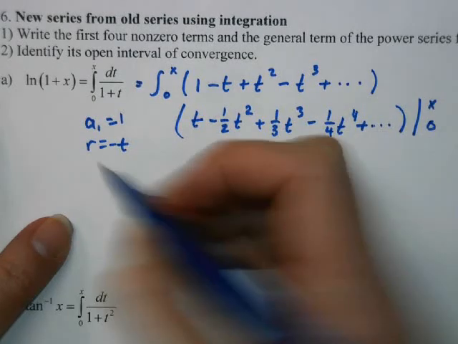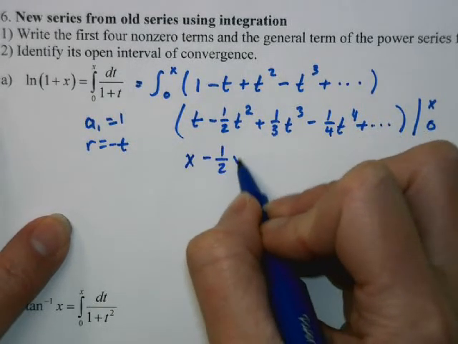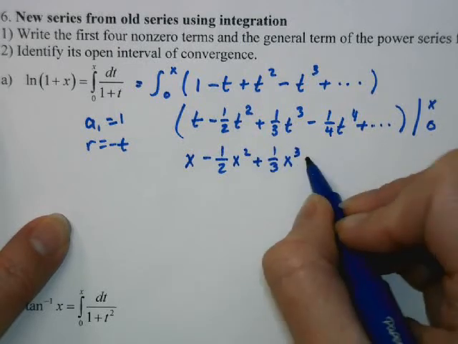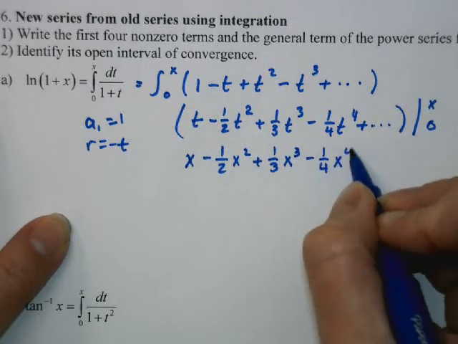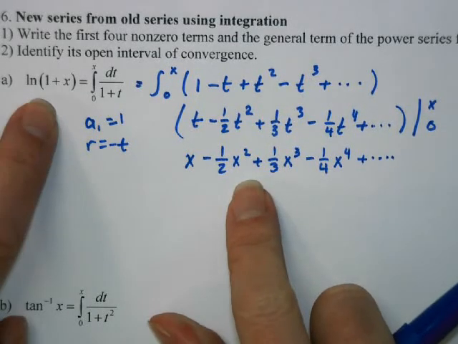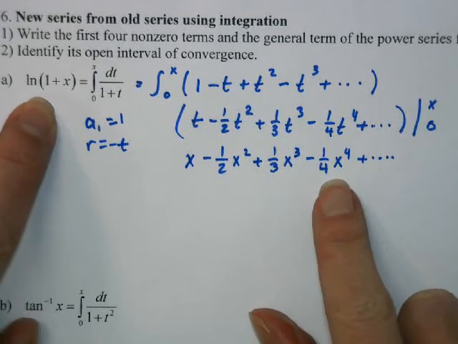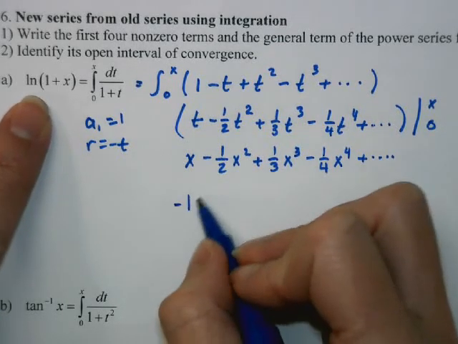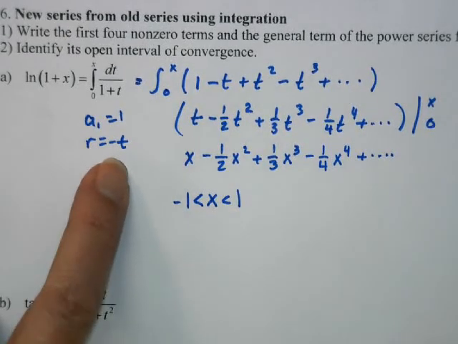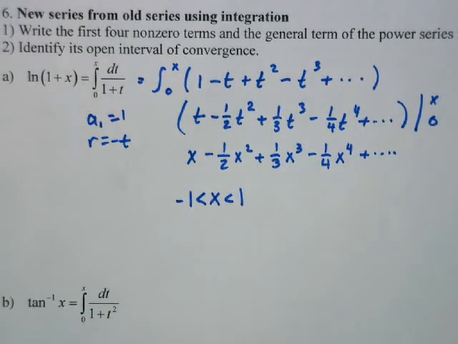So we're going to plug in x, and then we plug in 0, which makes them all go away. So x minus 1/2 x squared plus 1/3 x cubed minus 1/4 x to the 4th. That's our series. So the natural log of 1 plus x can be rewritten with this series as long as -1 < x < 1, since our range is -t, which would be -x, and 1.